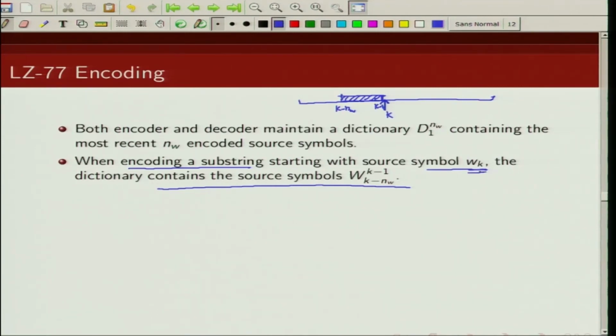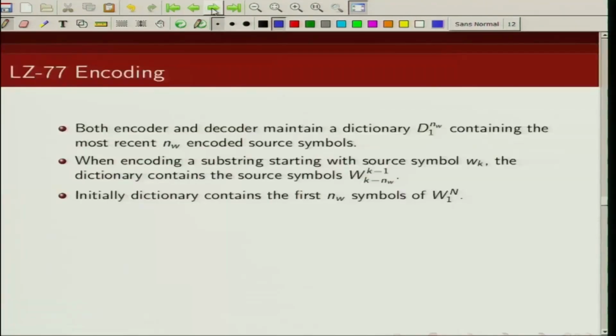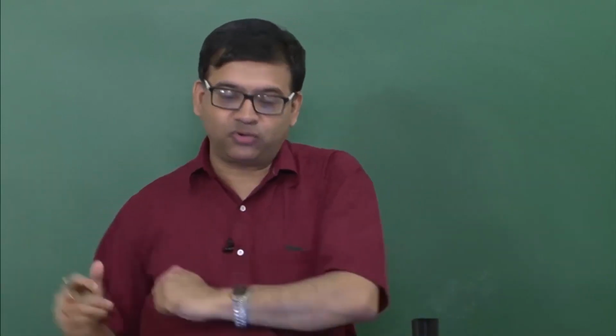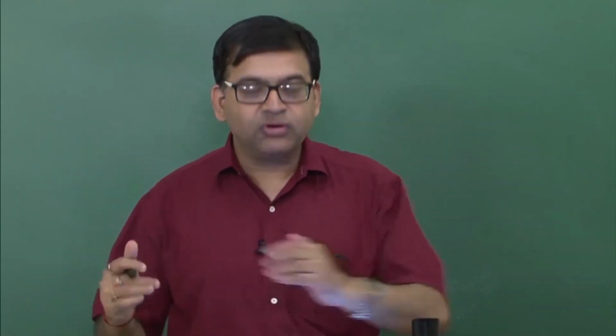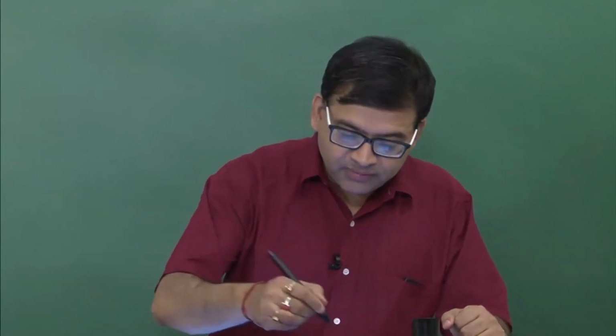WK. Now how do you encode the string starting from WK? Initially the first NW symbols of your sequence that you want to encode are sent to the decoder. So the decoder is initialized with the first NW symbols of the string.